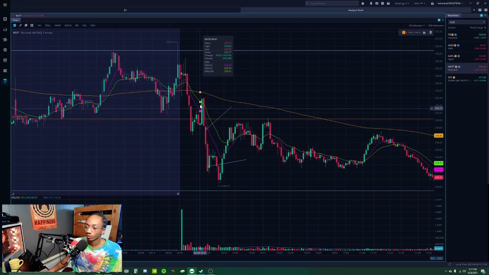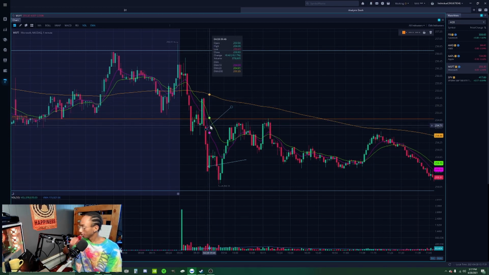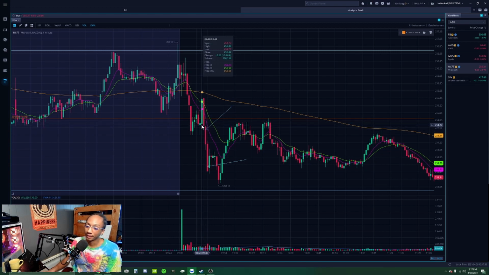It had this wide body engulfing candle, and by engulfing I mean that it literally takes over this candle. It's bigger, has a wide body, and it has above average volume. By above average volume, I always look down here to see that it's above that blue line down here.